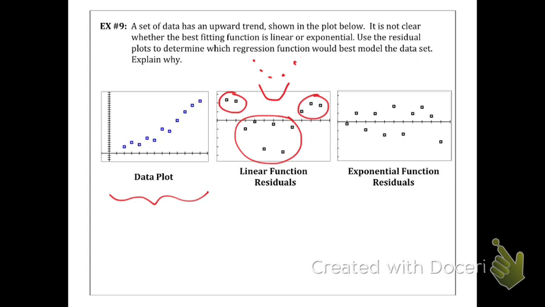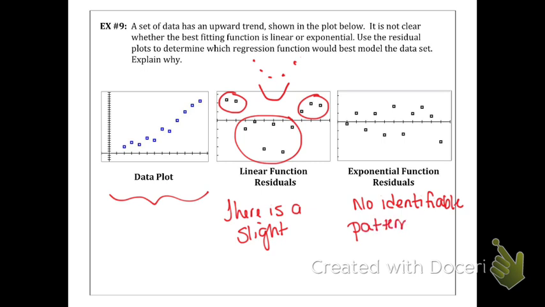So for the linear function, there is a slight pattern. And so we think the exponential function has no identifiable pattern, and is the better model for this data.